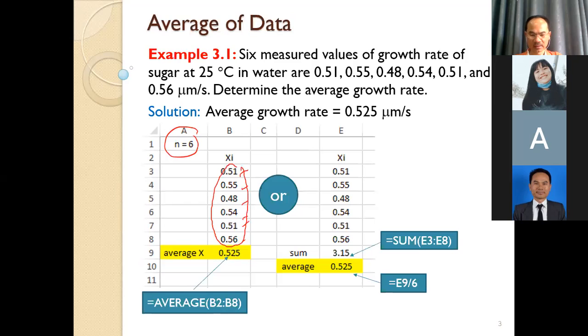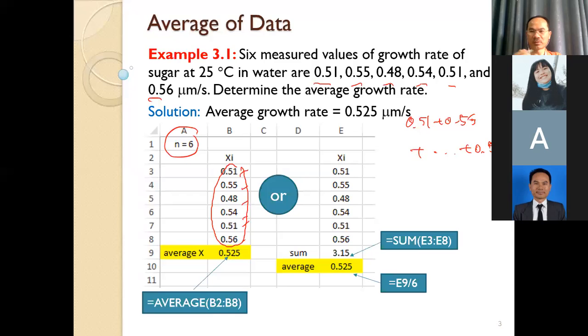That means this is the growth rate at 25 Celsius of sugar in water: 0.51, 0.55, 0.48, 0.54, 0.51, and 0.56. It should be 0.51 plus 0.55 plus until 0.56.